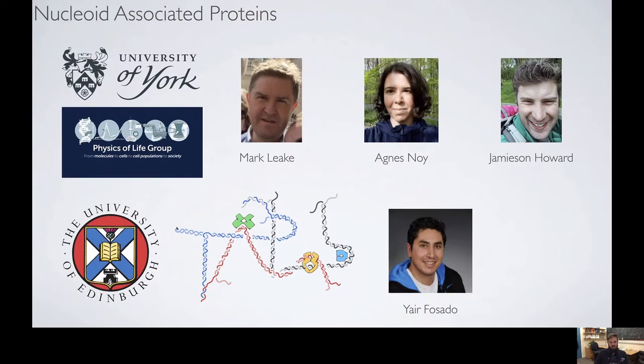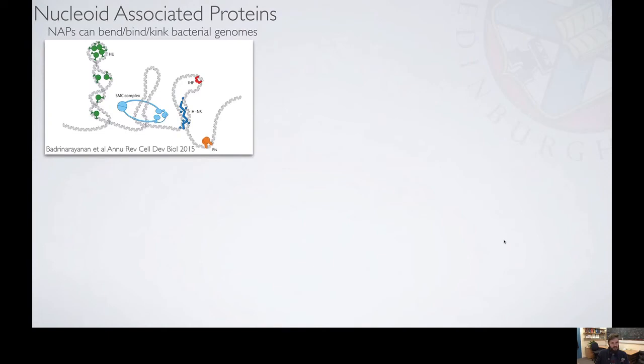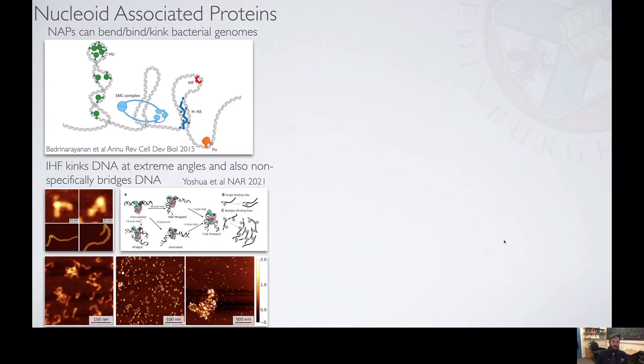So this is a collaborative project with people in York, so Mark Leek, Agnes Noy, and Jamie Howard, and all the simulations that I'll show you today were made by Yair, and the microbiology experiments that I'll show you today I made myself. So NAPs are, as I said, a range of different proteins that do different things to compact and regulate the genome organization in bacteria.